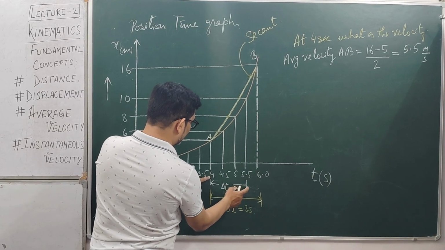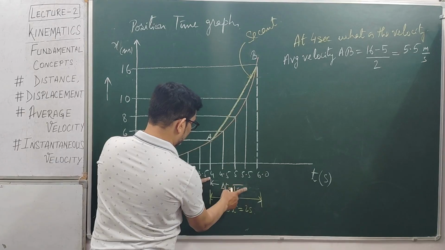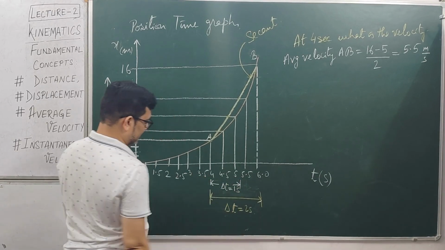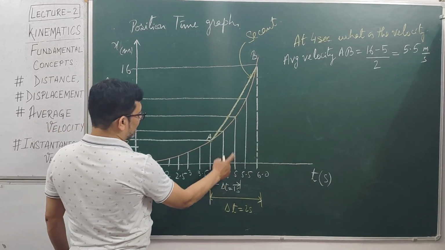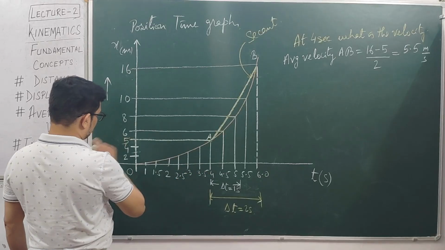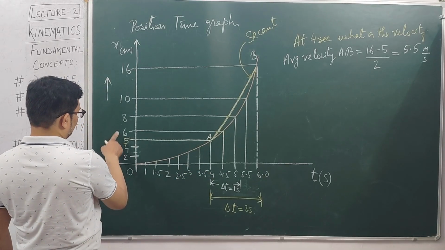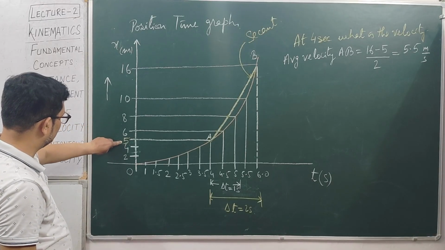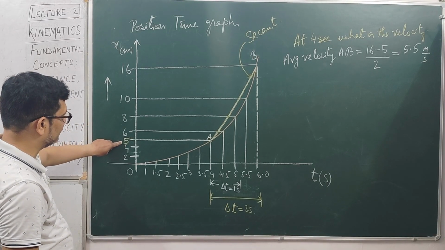We want 1 second. So let's take 5 then. Let's take 5 here. Now 5 corresponds to 8 and 4 corresponds to 5. So it is 8 minus 5.